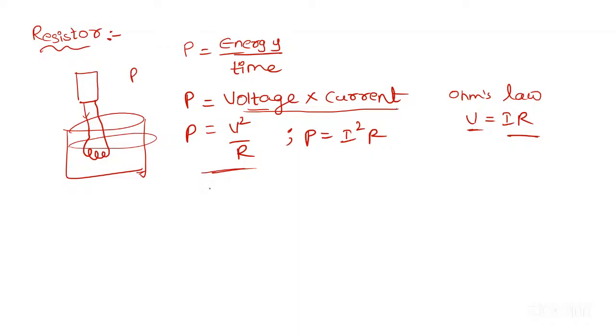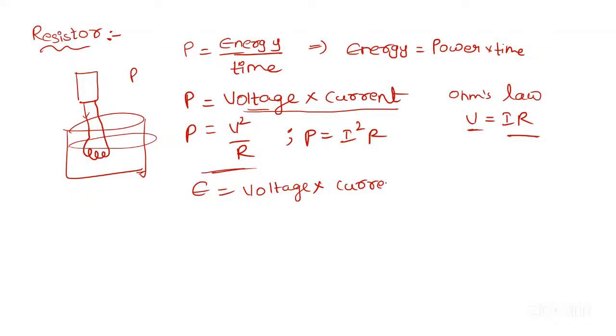Now energy. From this formula, energy is power into time. So energy in terms of voltage and current is voltage into current into time.